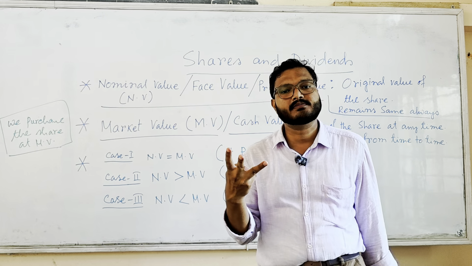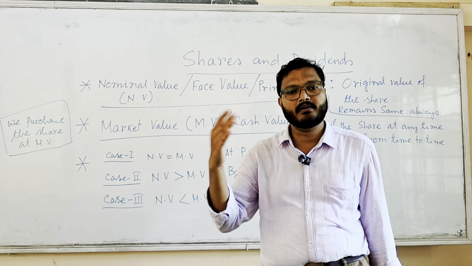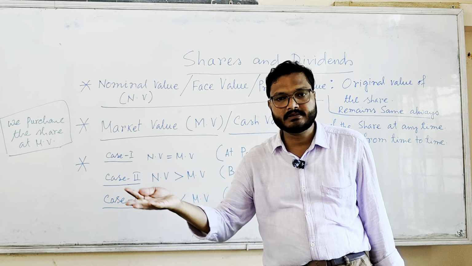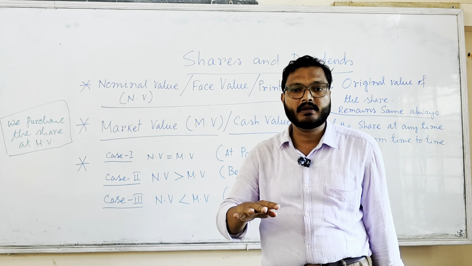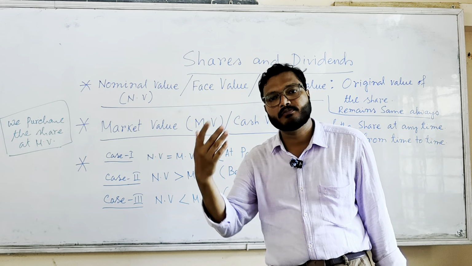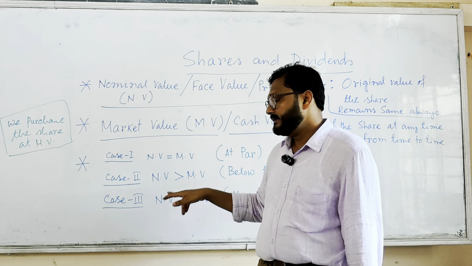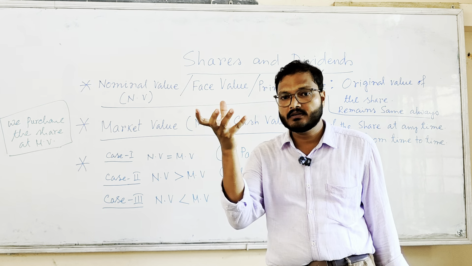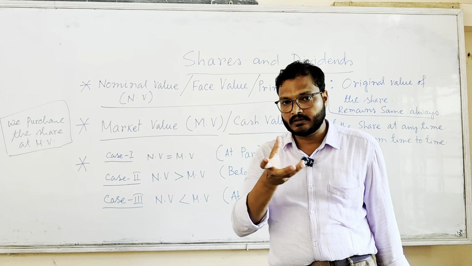So three cases may arise: either nominal value and market value are the same, or nominal value is more than the market value, or nominal value is less than the market value. When nominal value is more than the market value, that means you are getting it at a lower price than the nominal value.